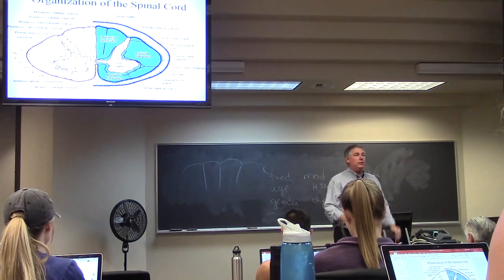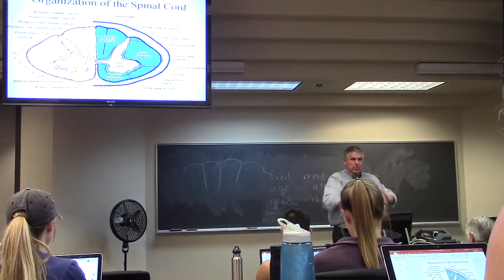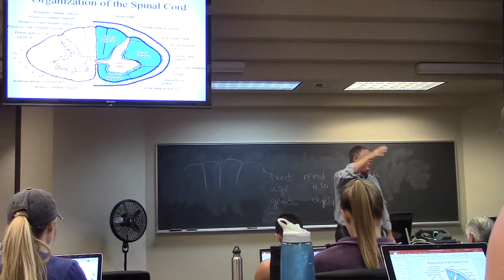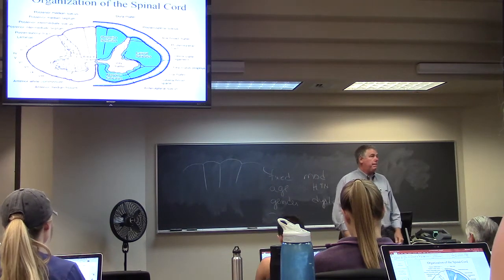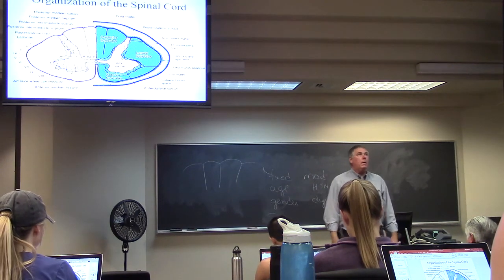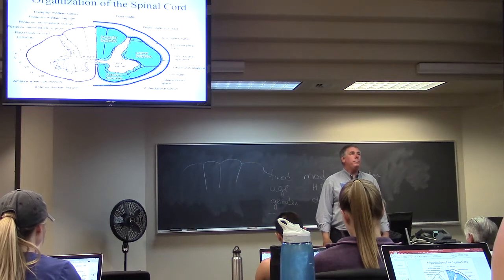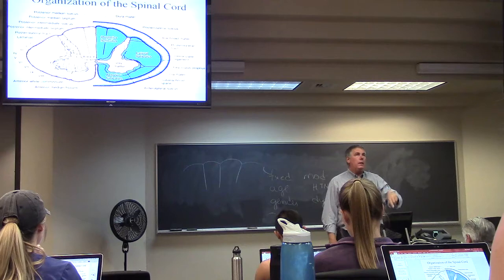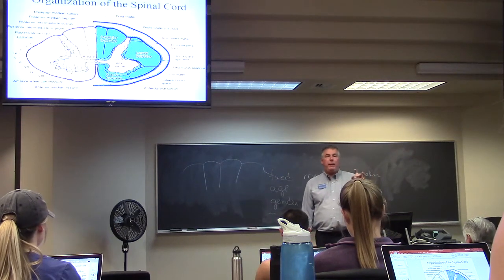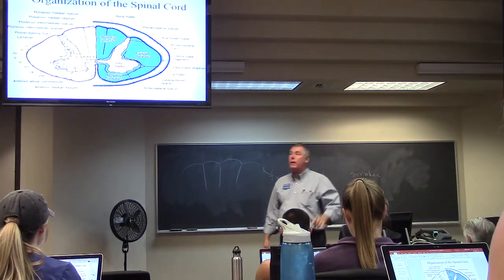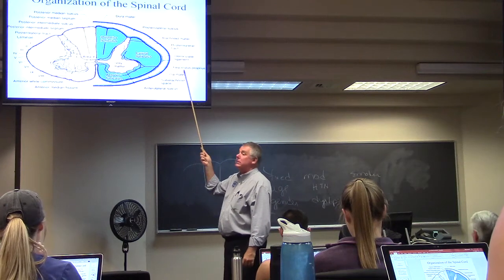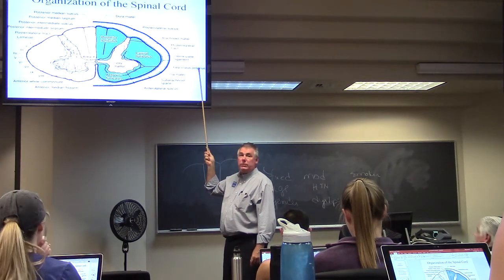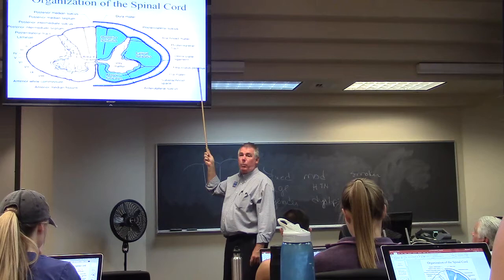The funiculus is the large segment, either posterior, lateral, or anterior. Around the gray matter, there is a specific white matter tract. It's called the fasciculus proprius. Fasciculus proprius.